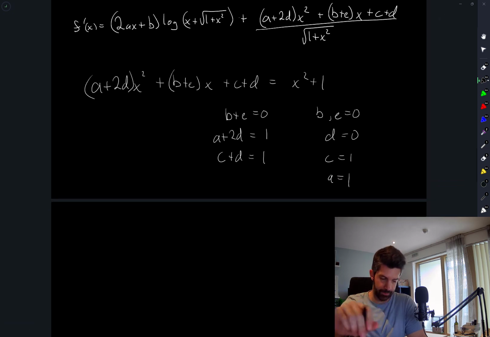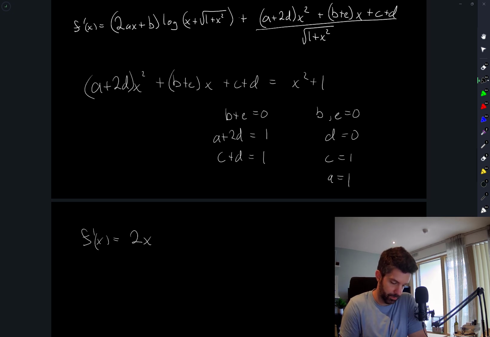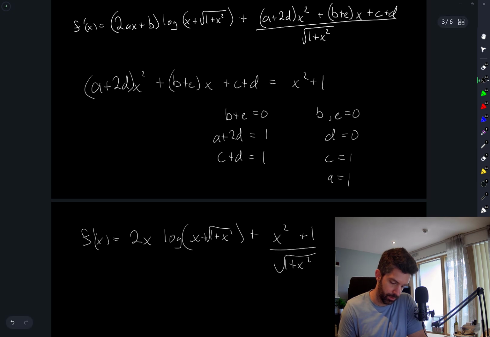Then I have f prime of x is 2x times the log of x plus square root of 1 plus x squared, plus x squared, d is 0, b and e are 0, c is 1, and d is 0, over the square root of 1 plus x squared.